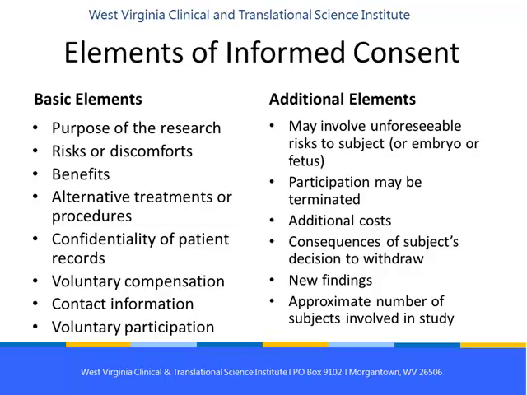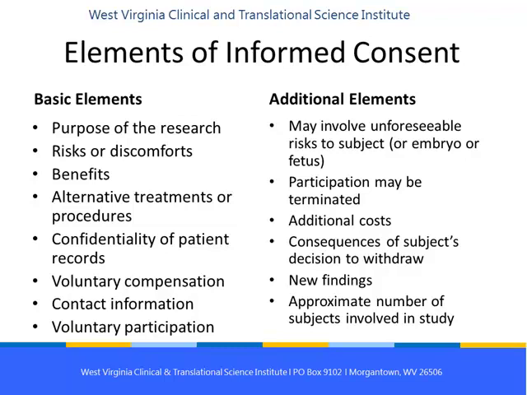Compensation, which is essentially for more than minimal risk trials: will compensation be provided in the event that a subject is injured from participating in the trial? Contact information of who they can talk to for more information about the trial. Usually that's the principal investigator that's listed there and the IRB. And voluntary participation, just a fact stating that you do not have to participate in the trial.